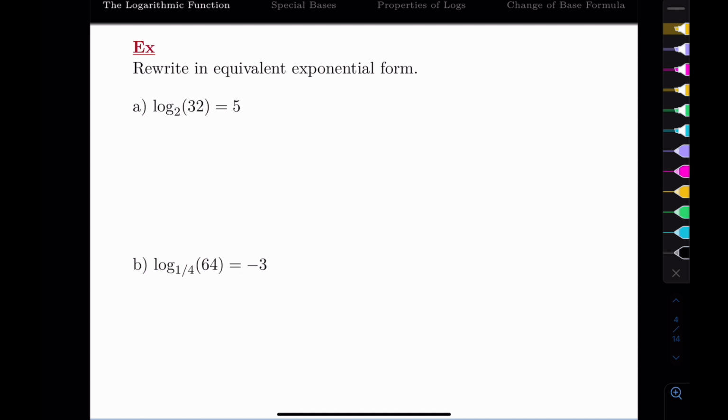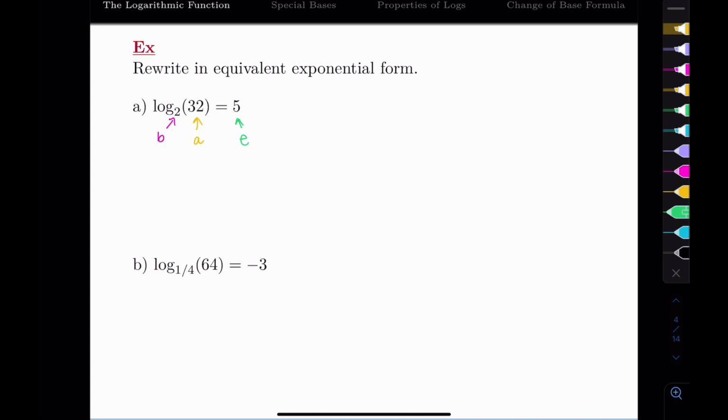Okay. So let's just get some practice putting things in other forms. We're going to start by rewriting in its equivalent exponential form. Based on my phrase, bacon is my base. This is the answer and the exponent, bacon and eggs.